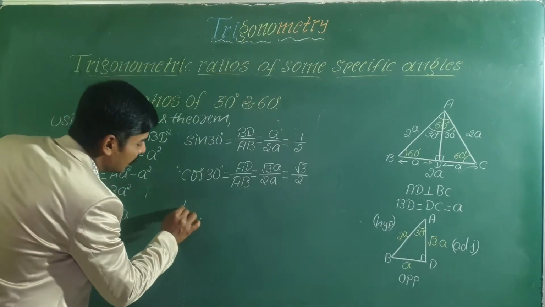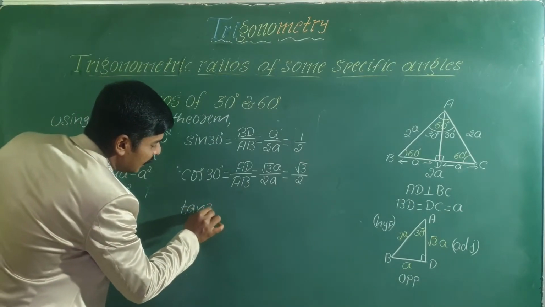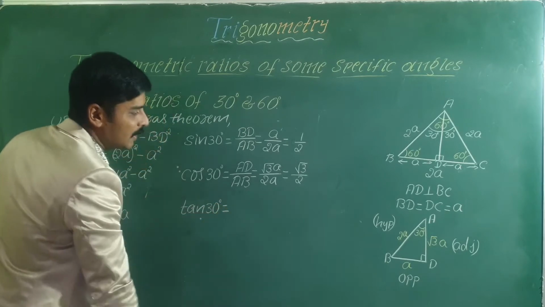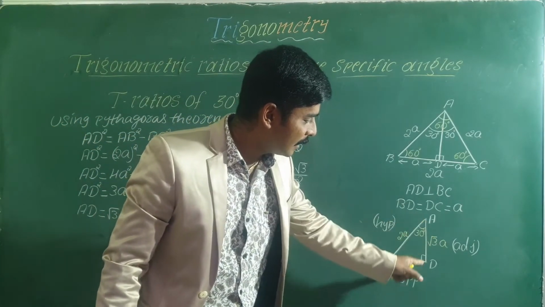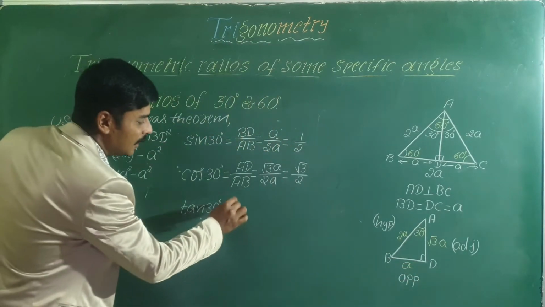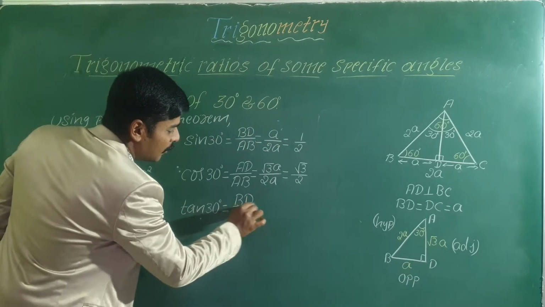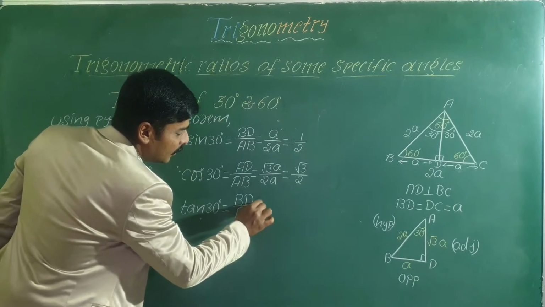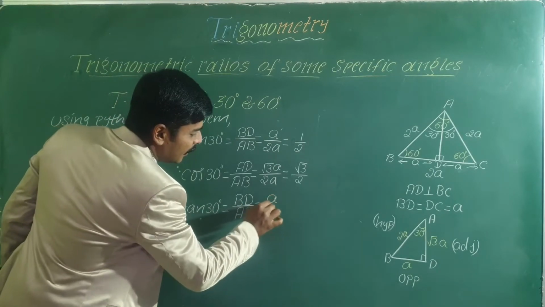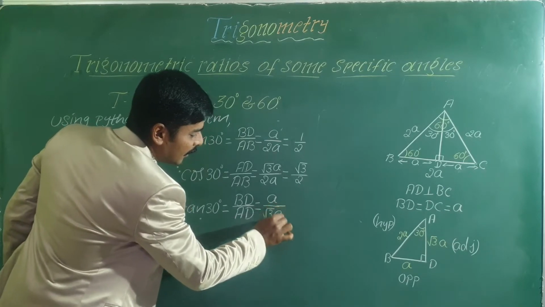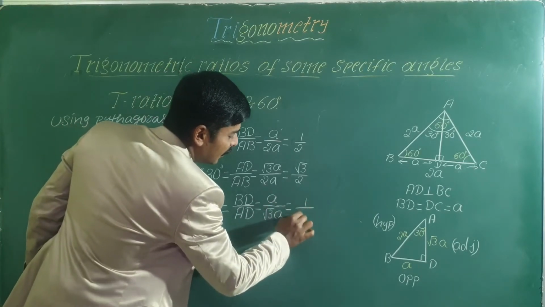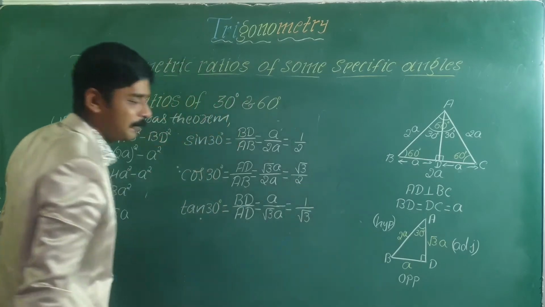Next let us take tan 30°. Tan is opposite side by adjacent. Opposite side is BD, adjacent side is AD. So BD by AD. BD is a, AD is root 3 a. So the a's will get cancelled. We get 1 by root 3.